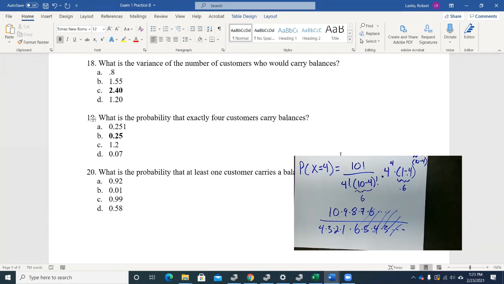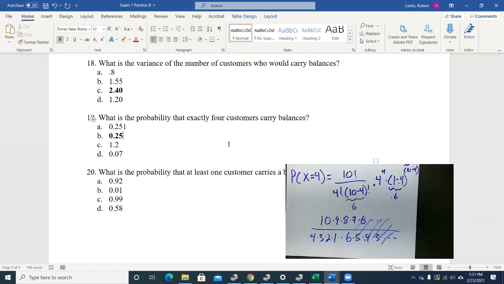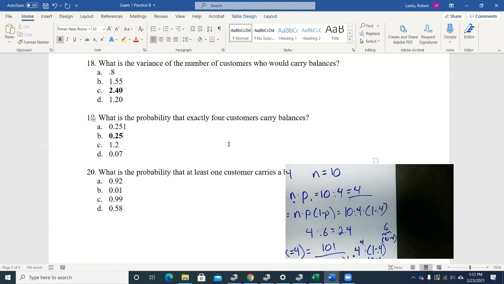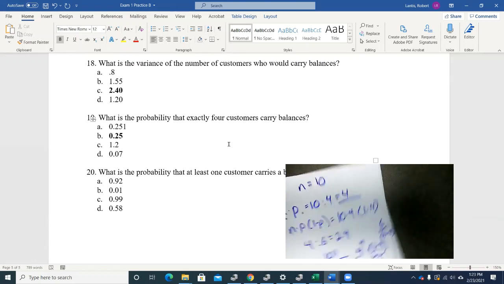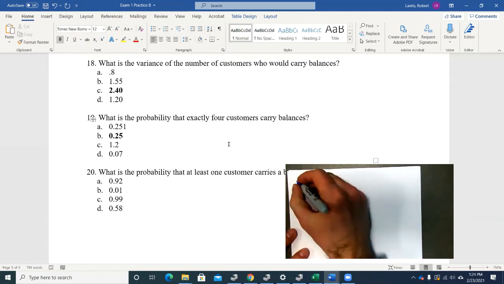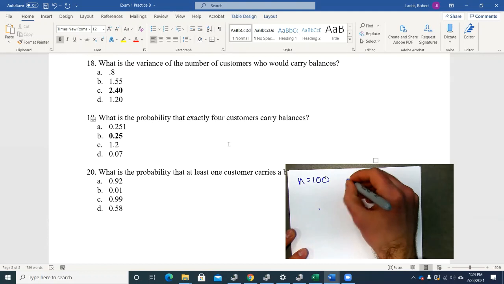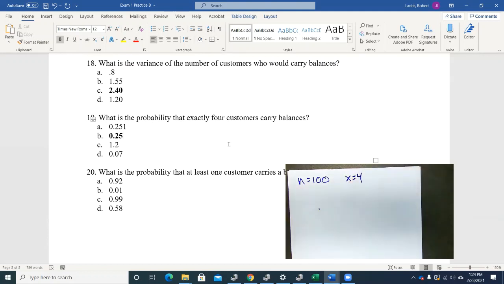Now remember, one thing I didn't do here, but I could have done in the exam, is something like, instead of 10 customers, what if I had 100 customers, and I wanted to know the probability that 4 of them carried a balance?